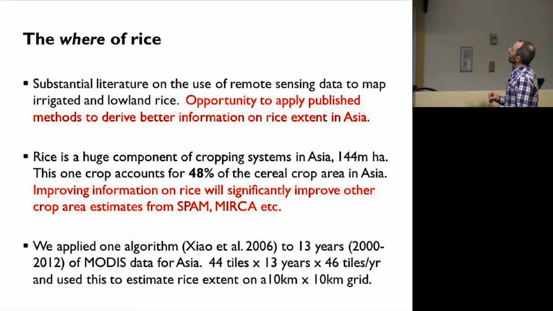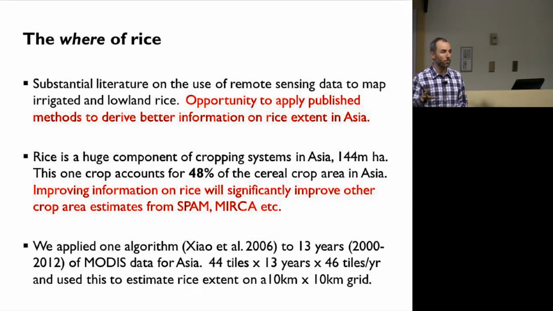This is some of what we've been able to do, particularly for rice in Asia. There's a lot of literature out there on using remote sensing to map some of these crops. These crops have specific signatures that you can try to interpret with the remote sensing data. In Asia, rice covers almost 50% of the cereal cropland.